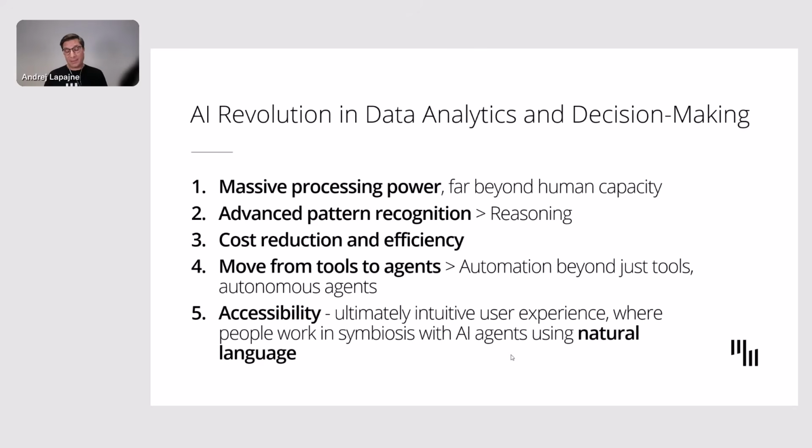And maybe the fifth big reason is also accessibility, because the user interface with AI today is natural language. So basically now you can talk to your data, you can talk to AI, which is ultimately user friendly. You just work using your natural language, which is great.